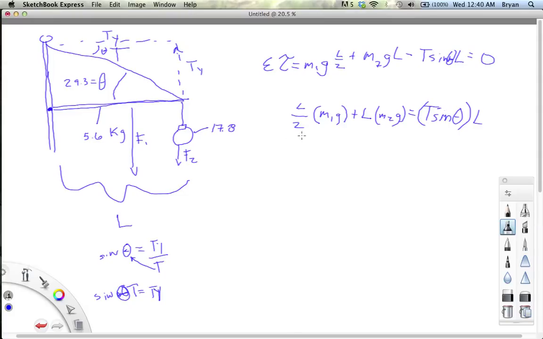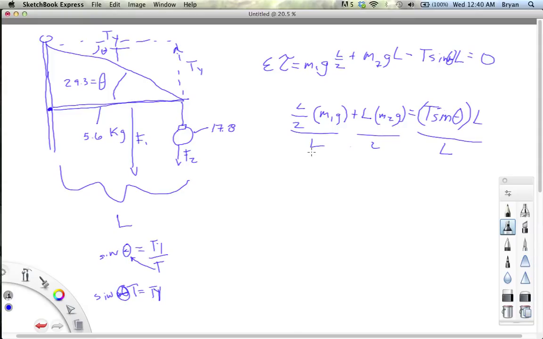So what we can do is divide this side by L, divide this side by L. And these L's cancel. Essentially you have to do that and that. It's algebra, right?